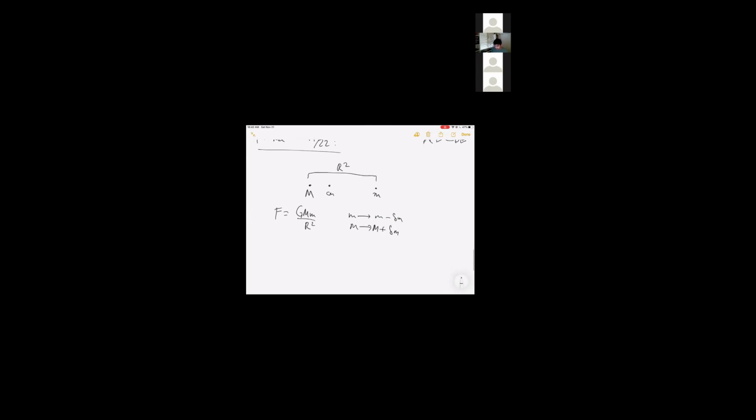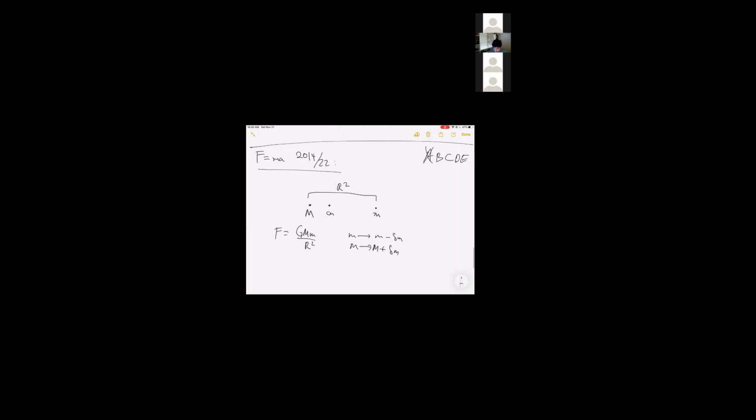Okay, so that actually eliminates B. Oops, it doesn't necessarily eliminate A. My bad. Let's think about that real quick.